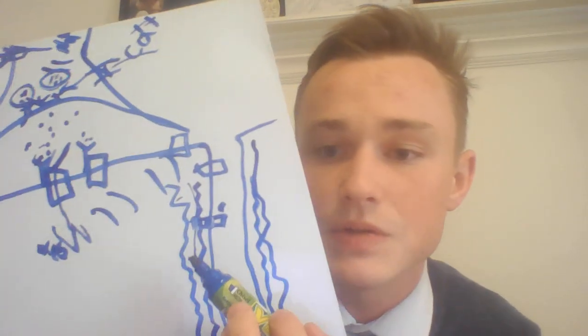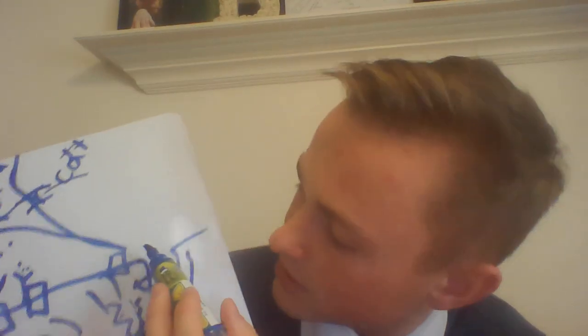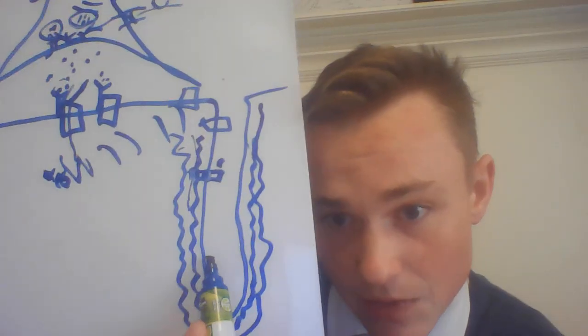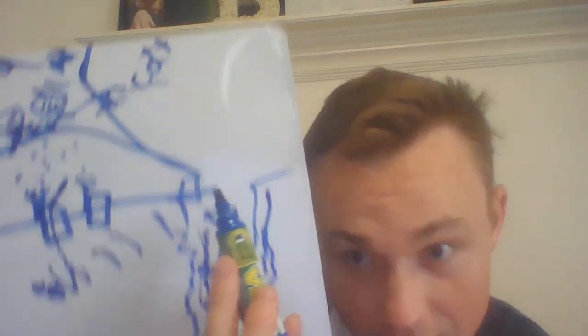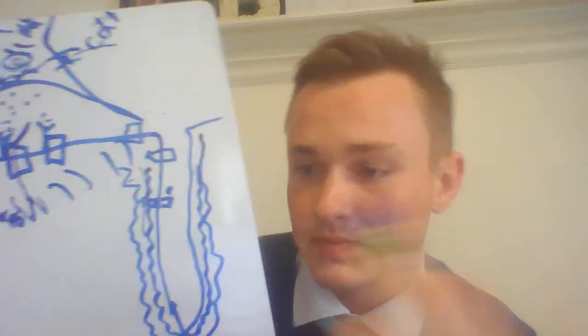Now, the second channel is not on the outside. So technically here inside of our T-tubule, that is still outside of the cell, right? It's like a tunnel from out here into here. So you can see that it's just a continuation of that extracellular space.